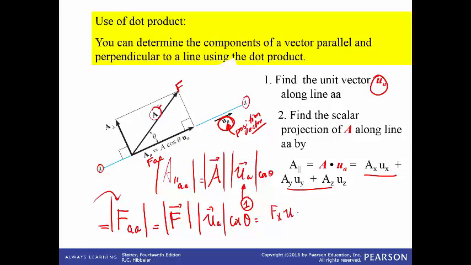But the significance here is that you have Fx UAx plus Fy UAy plus Fz UAz. Now remember that the magnitude of the unit vector is 1, but these numbers are not necessarily 1.